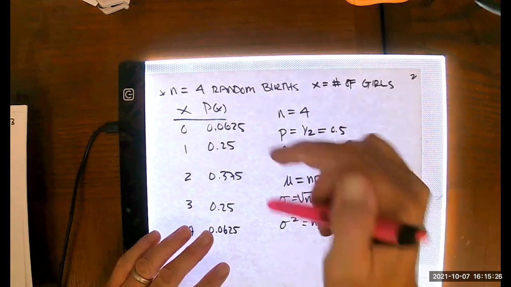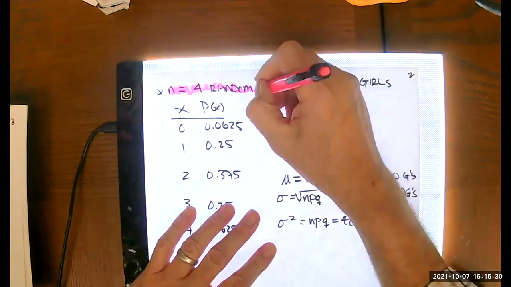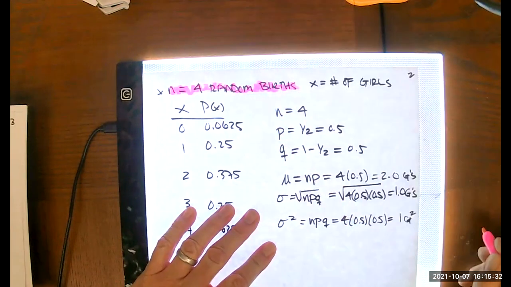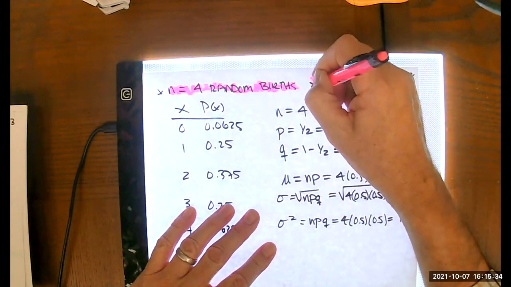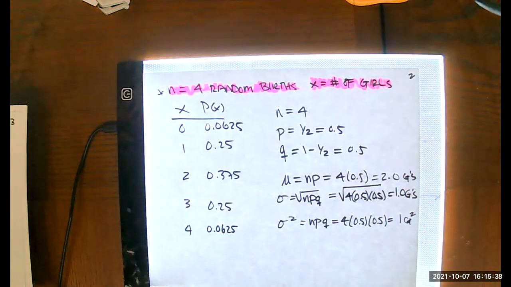So let's see. We've got n equals 4 random births. And my random variable x is going to be equal to the number of girls that I might see in these 4 random births. We have a probability distribution here.